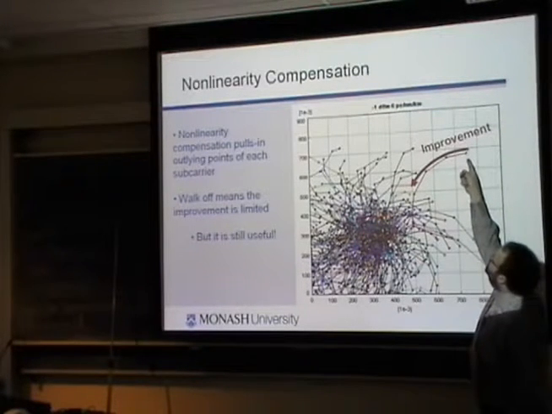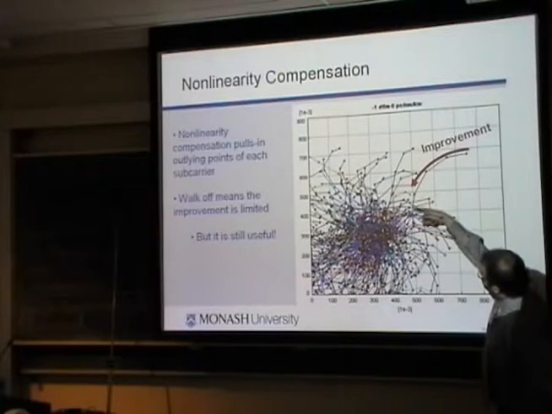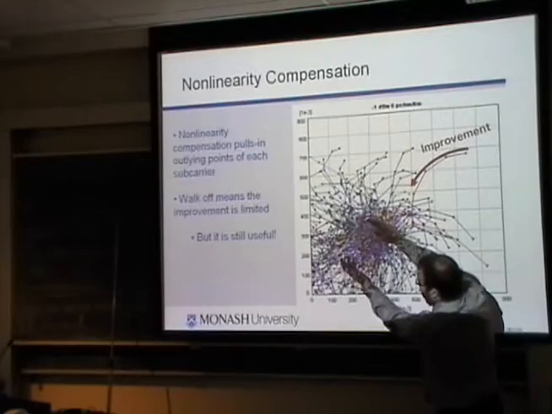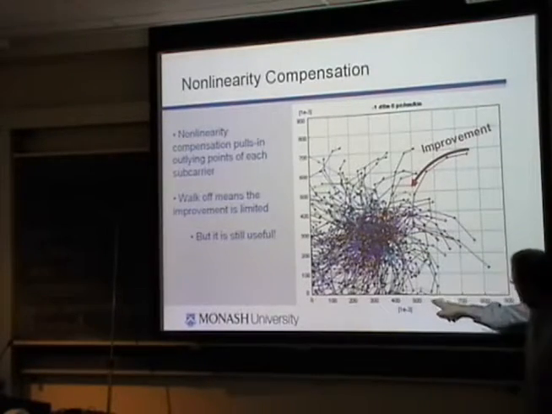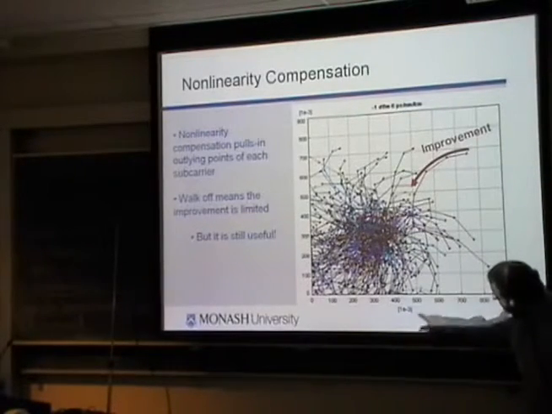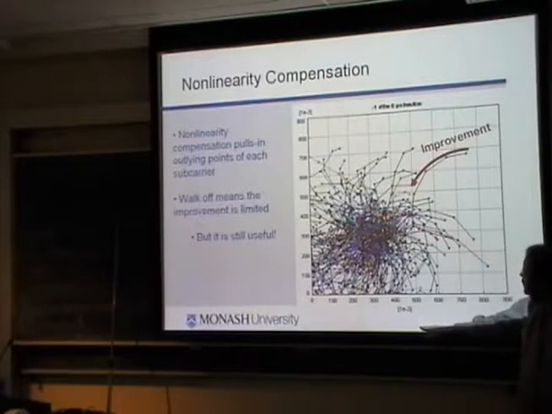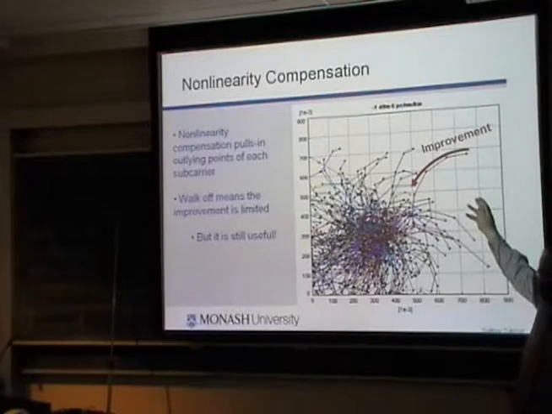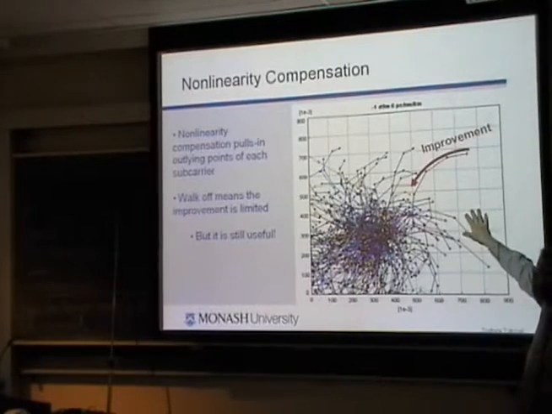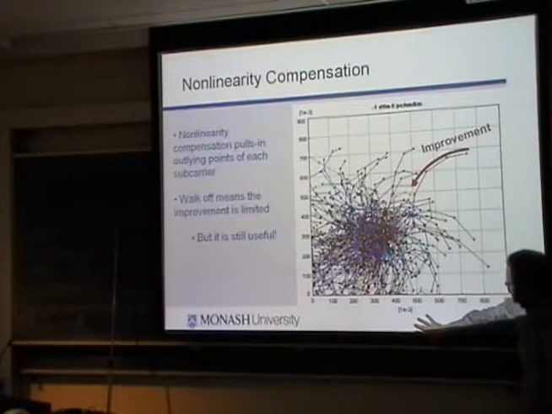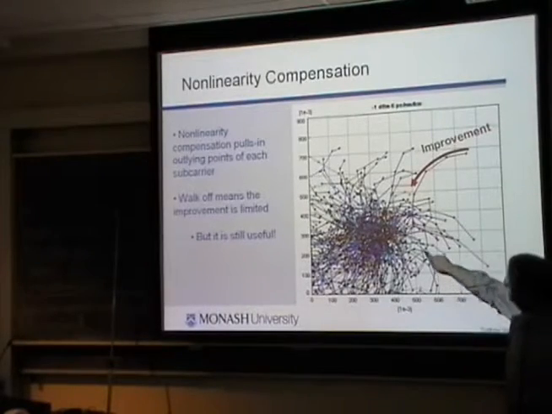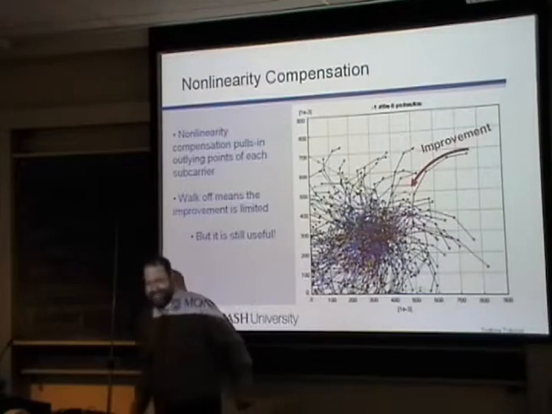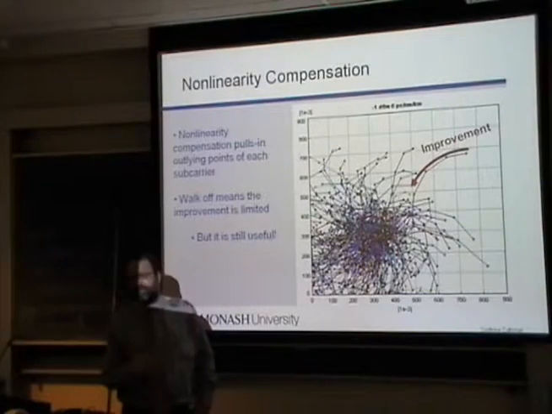But as I turn up the phase modulation, it comes back and tightens up the cluster. And there will be some below the axis, like this black one here, which would have been an error. So instead of being in this quadrant and being detected as 0, 0, it would have been detected down here as a 1, 1. If I turn the compensation on, it comes back into the nest, if you like, and the error rate goes down.